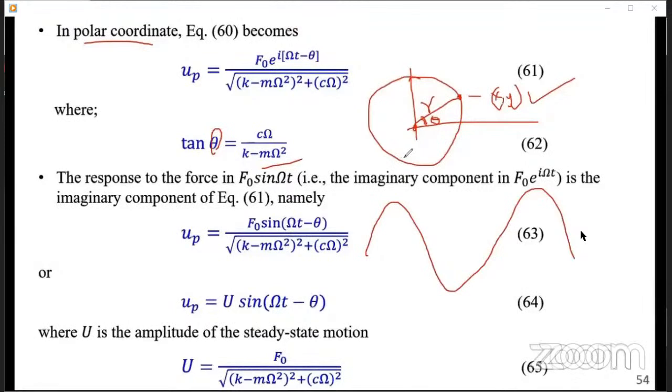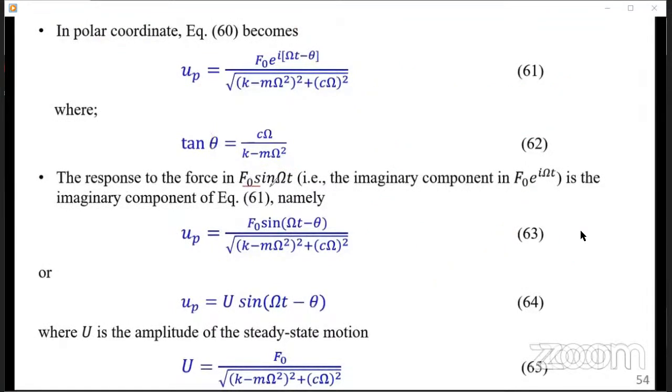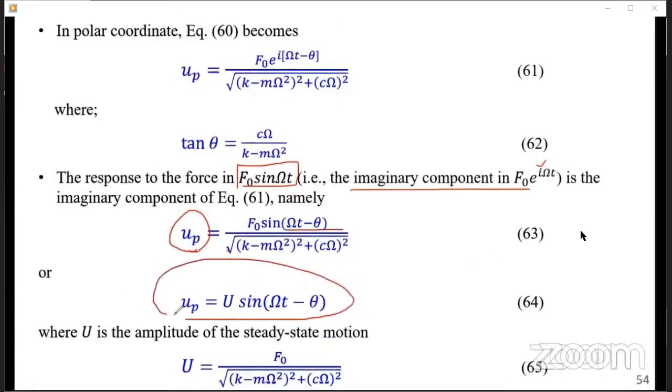So the response, we are saying the response to the force. This is the forcing function, remember? So the response, that is the imaginary component, the one that has got i. The response is shown in this U_P, F naught sine, all this that is under the square root in equation 63, or in compact form, expressed in equation 64, where U, remember the capital U, is the amplitude of the steady state motion.